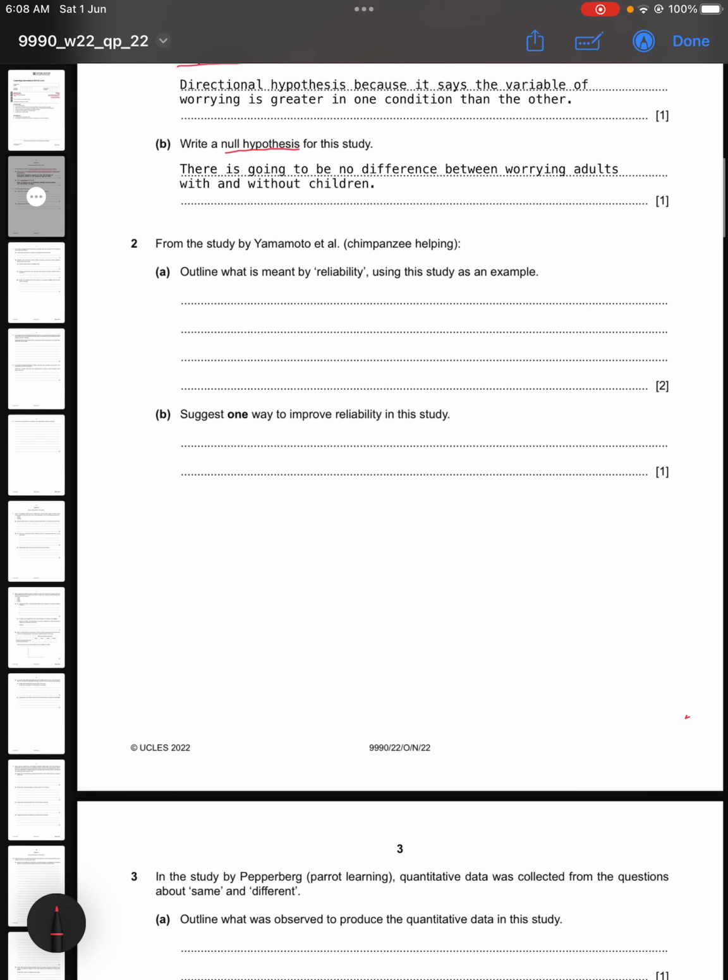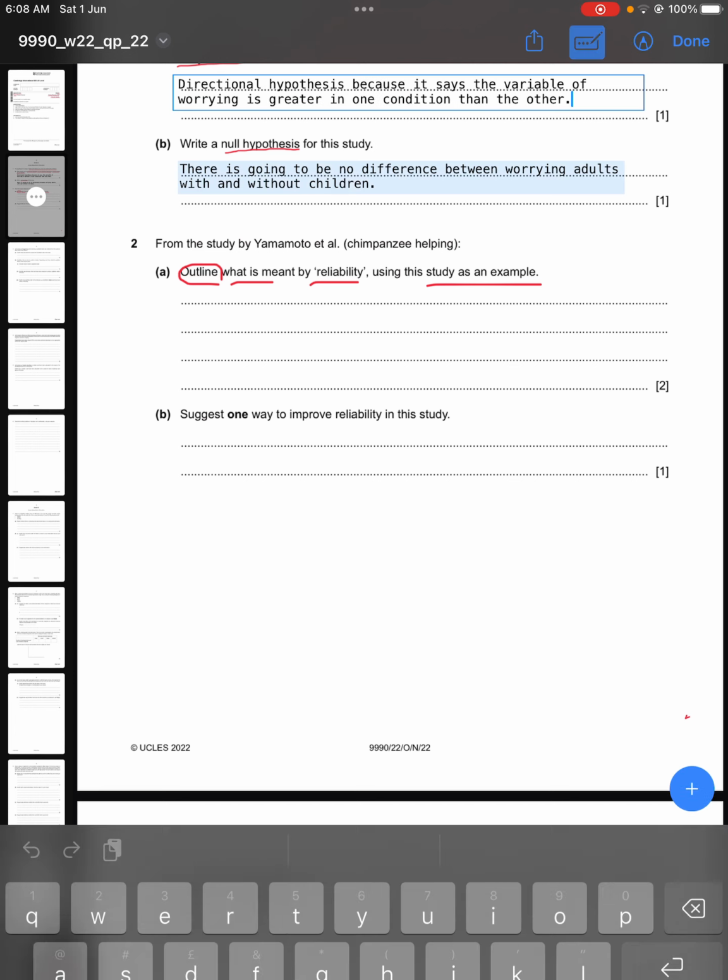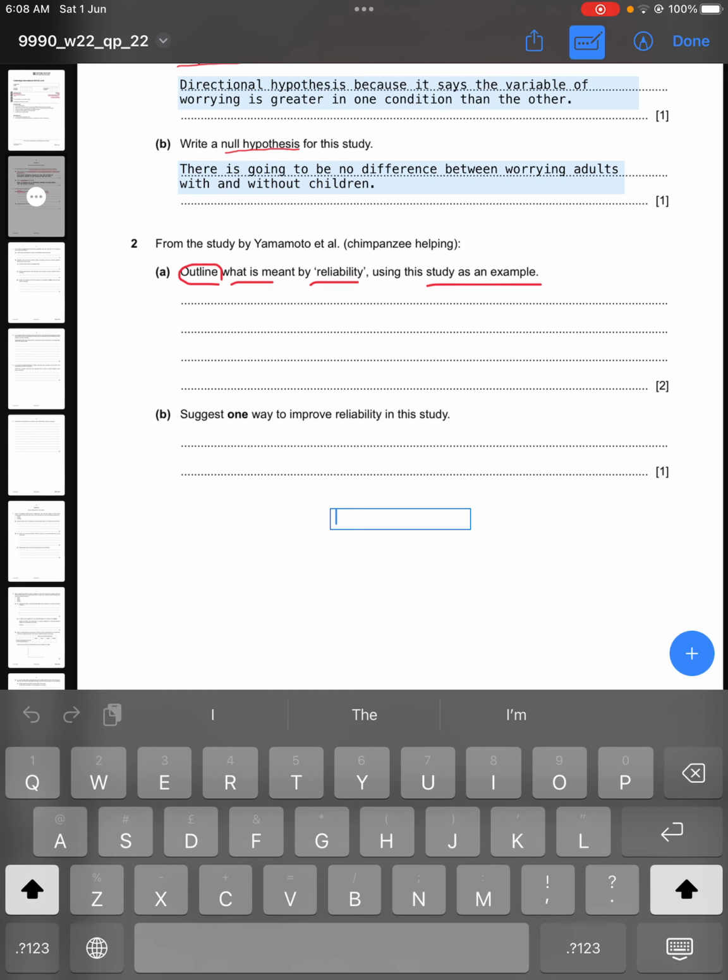And question number 2 says from the study by Yamamoto et al., chimpanzee helping, outline what is meant by reliability using the study as an example. So you need to tell what reliability refers to and how you can explain it through the study of Yamamoto et al.